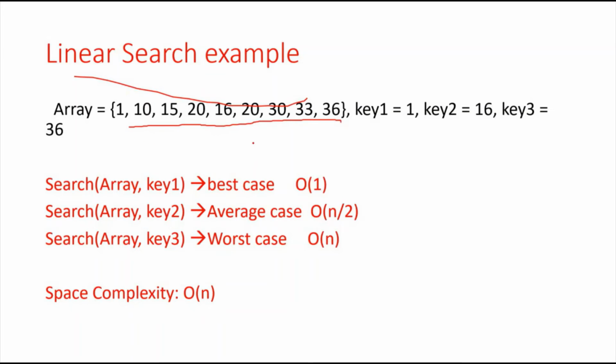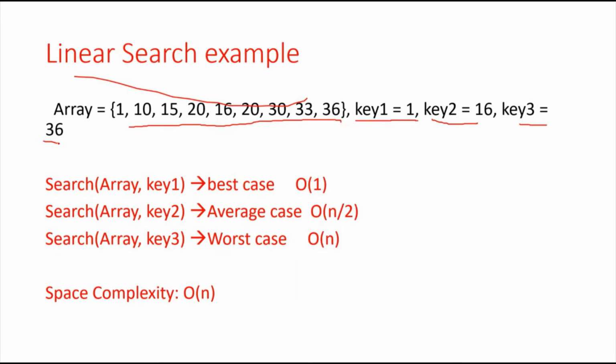First of all, we have a key 1 that is equal to 1. We have to find a key in this data set. And we have key 2 that is 16, and key 3 that is 36. We have to find these three keys.